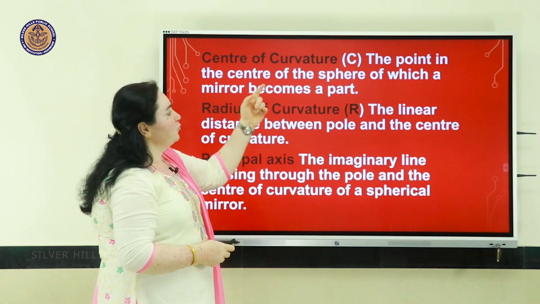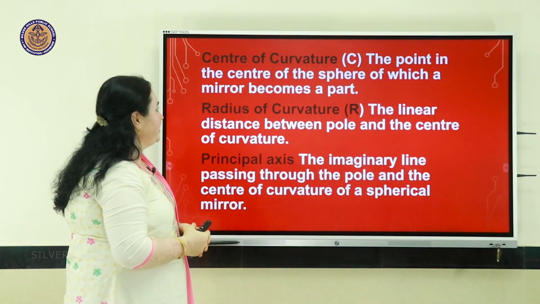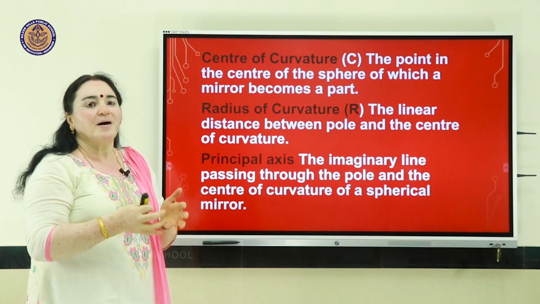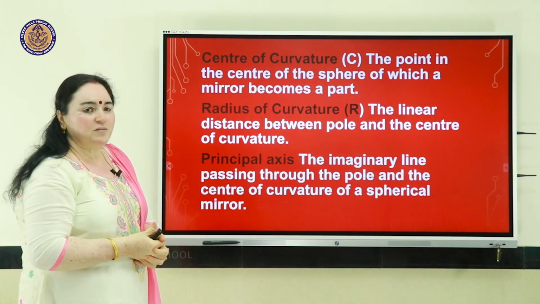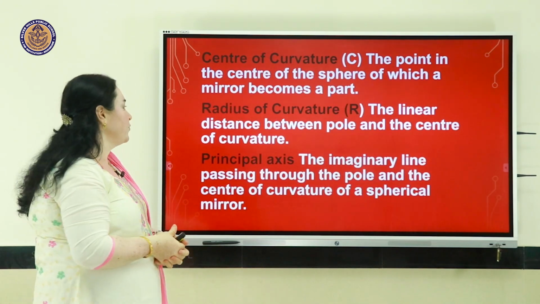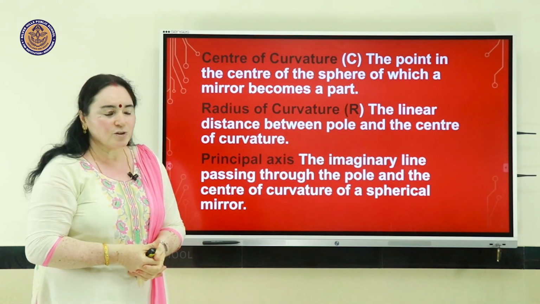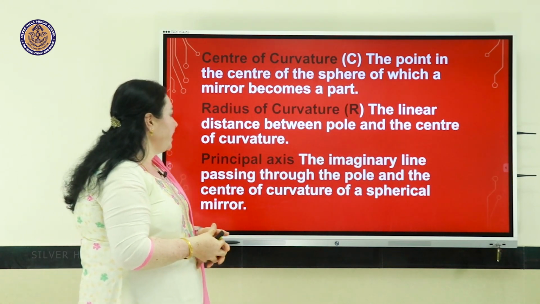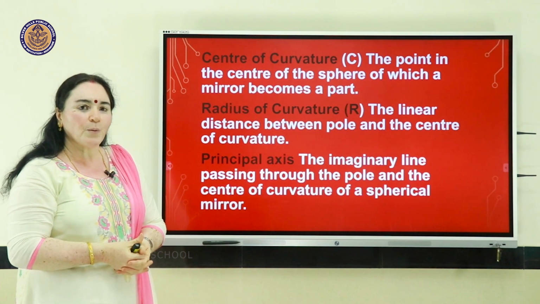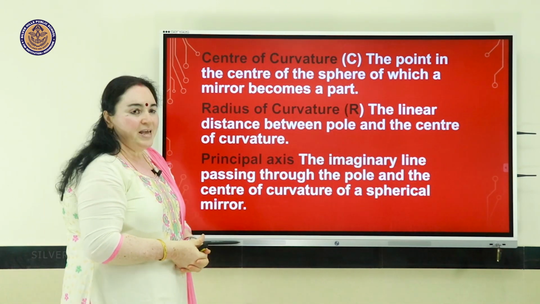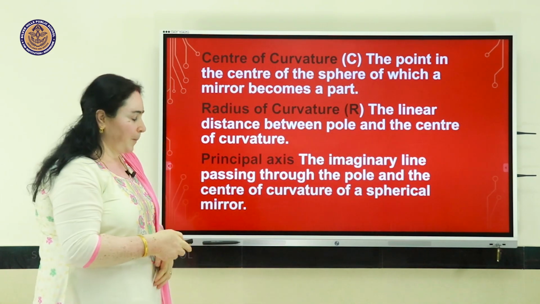Next, center of curvature. The point in the center of the sphere of which a mirror becomes a part. Radius of curvature. The linear distance between the pole and the center of curvature is called as the radius of curvature. Principal axis. The imaginary line that passes through the pole and the center of curvature of a spherical mirror is the principal axis.